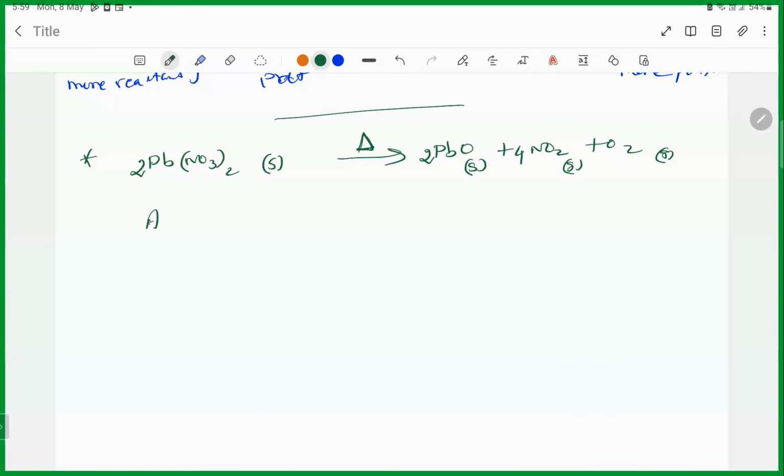In the same way, silver bromide is converted into silver solid and bromine gas. This occurs when you pass sunlight or light, then the silver will be deposited and bromine will escape.